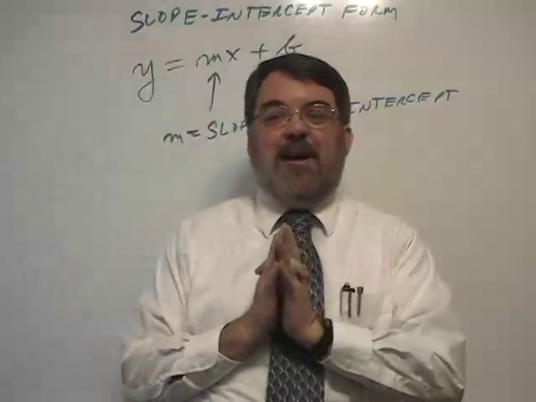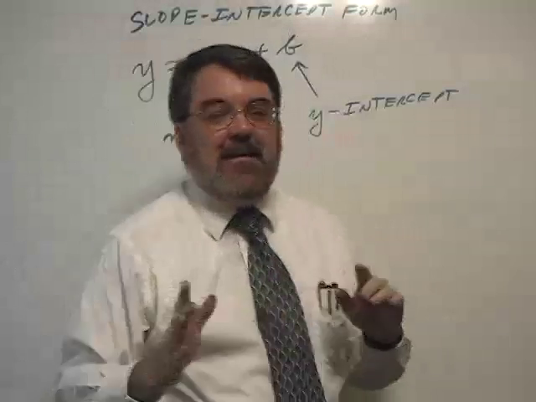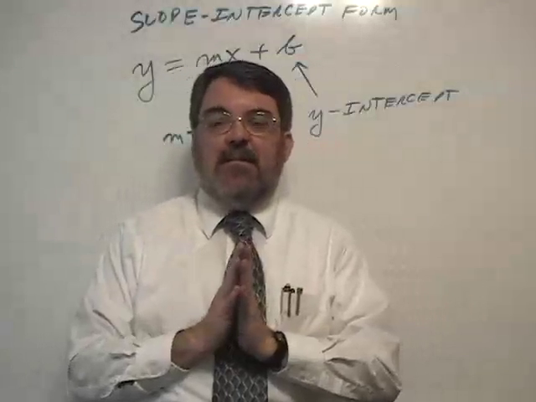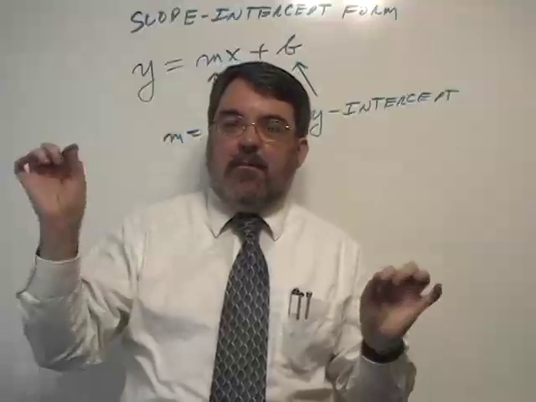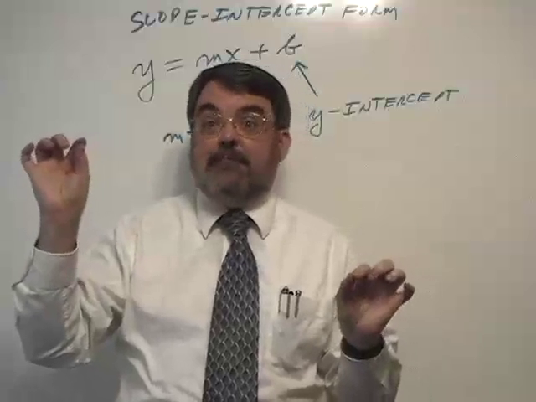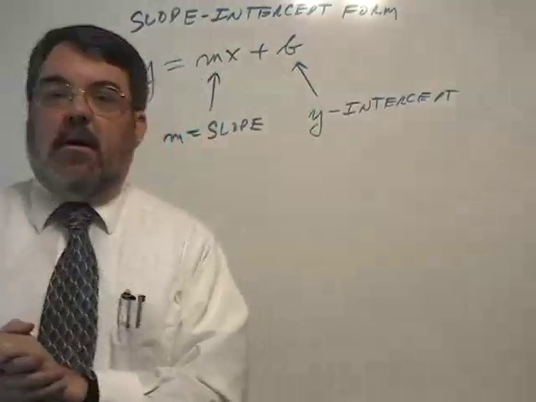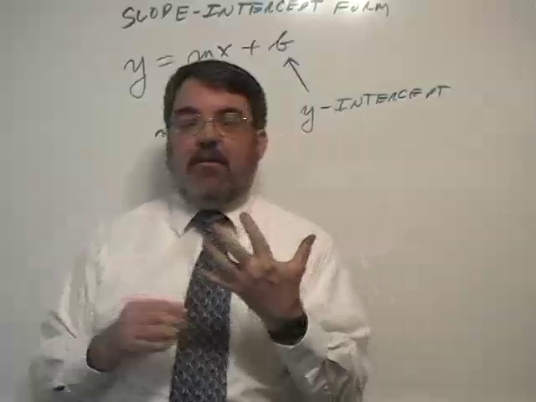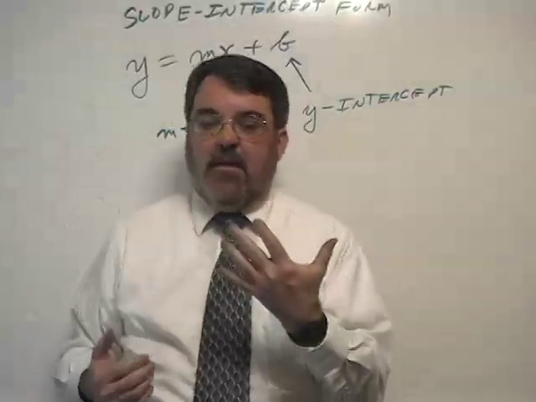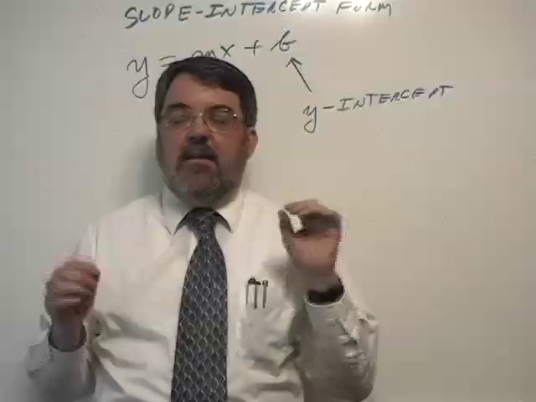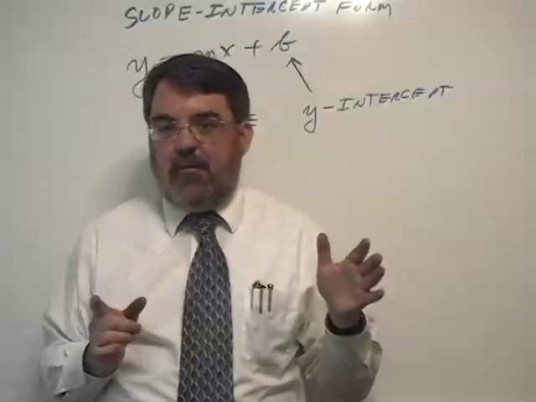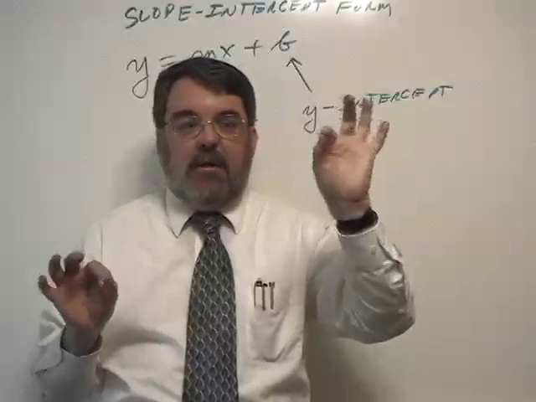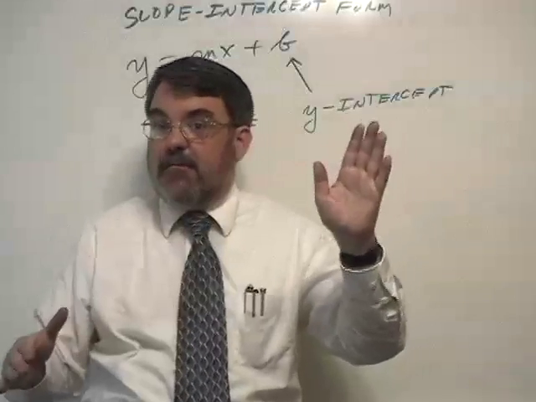Now, let's take a moment and go back to ancient Greece. Euclid said that between any two unique points, there is a unique line. Euclid built his geometry on 5 assumptions called postulates or axioms. One of those axioms is that if I give you 2 points that are different, then there's a single unique line that connects those 2 points.